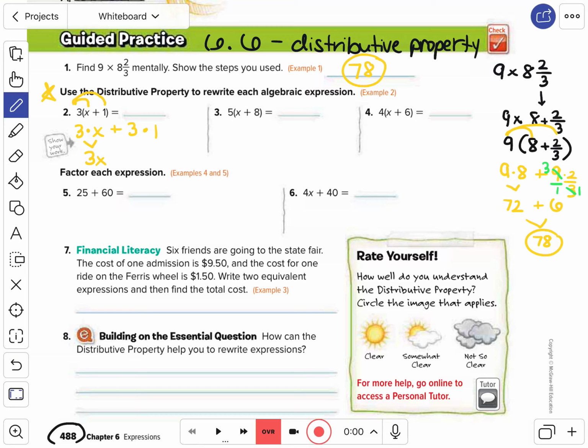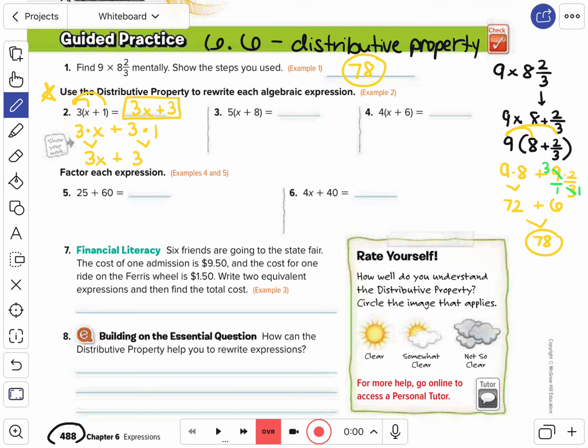Remember, you could put them next to each other with no symbol when you have a number and a letter. Plus 3 times 1 is 3. Now I cannot add 3x plus 3 because this 3 has an x with it. This one doesn't, so they cannot be combined. So the answer, you just leave it like that, 3x plus 3.